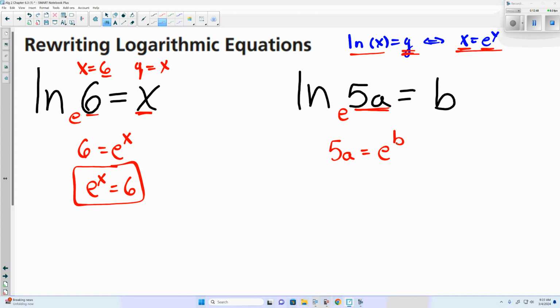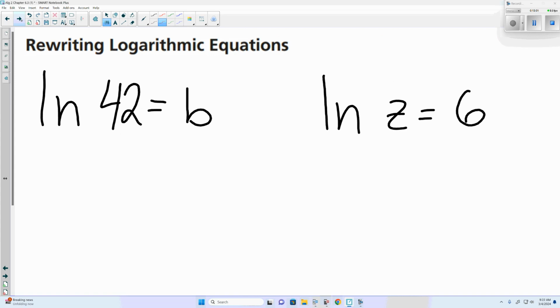It's just that the base is understood to be e. We don't have a number other than e for the base. Questions on this here? Instead of the base being a number, it's just e.